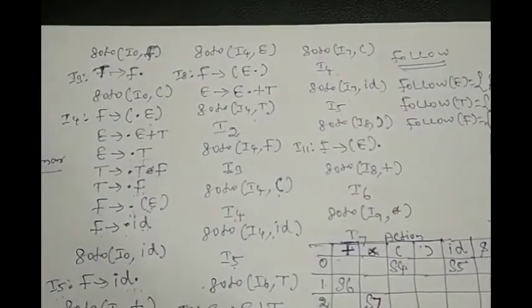So I write S4 for open brackets, and S5 for ID. Now we can understand there are no new sets being generated again and again.